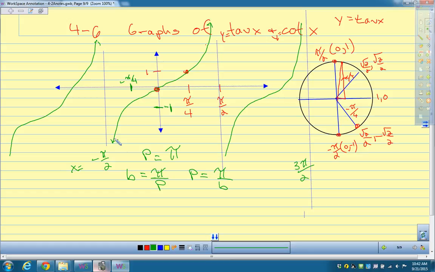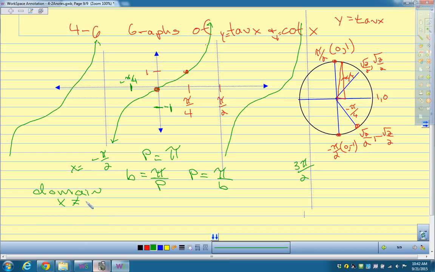Okay. All right. So anyway, then you got to know some other stuff. The domain of tangent is x is not equal to multiples of pi over 2, because that's where I have asymptotes.